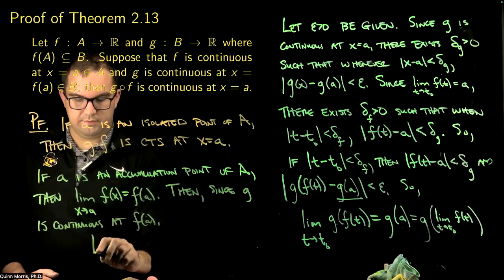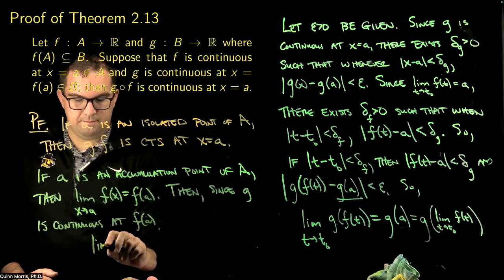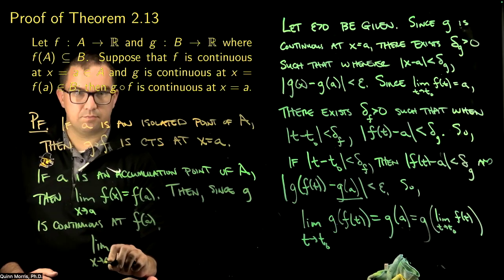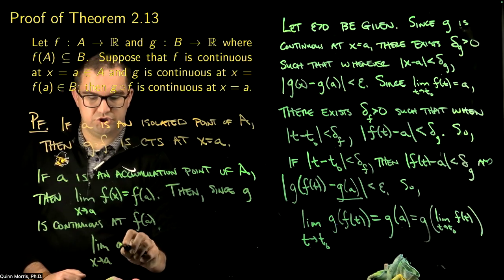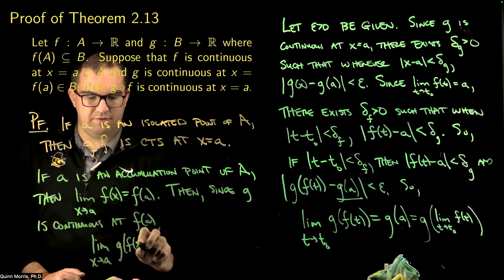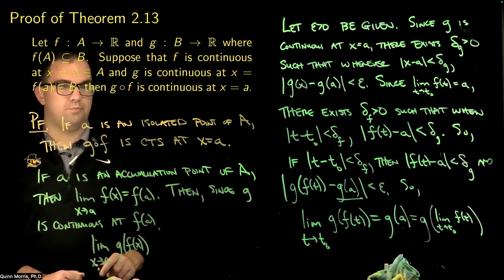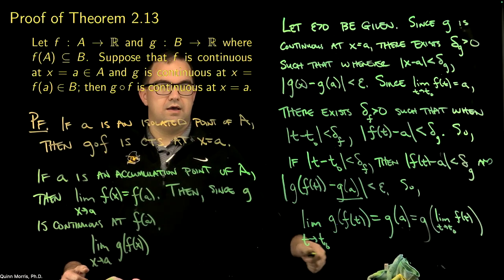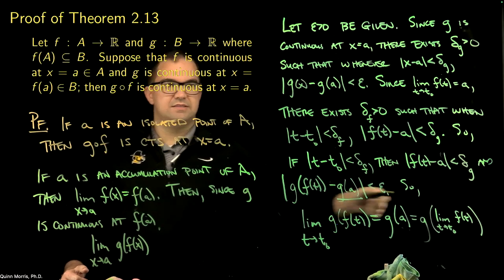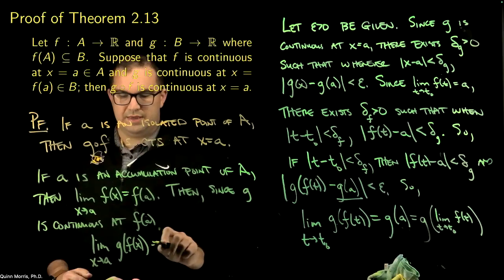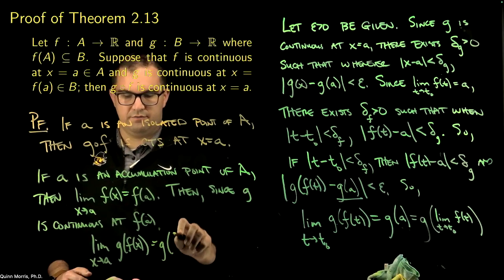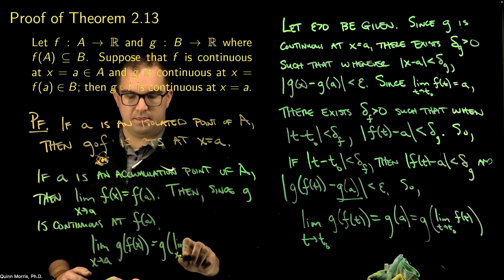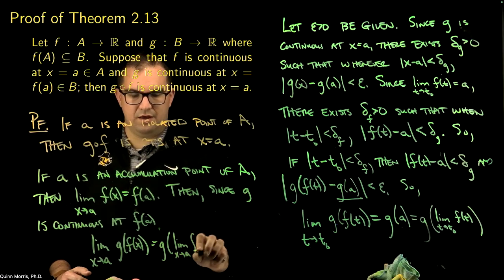all right, now what can we say? We can say that the limit as x approaches A of g of f of x, and this is where we're going to use our previous theorem, I can push this limit inside, so this will be equal to g of the limit as x approaches A of f of x.